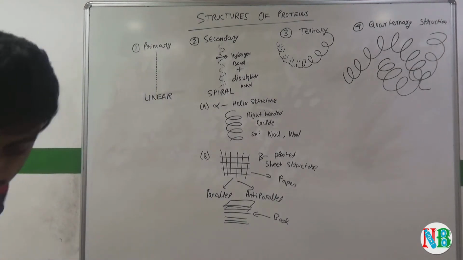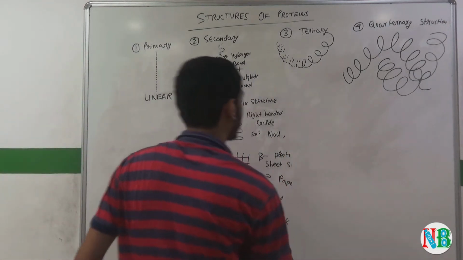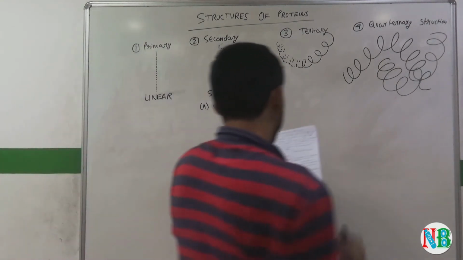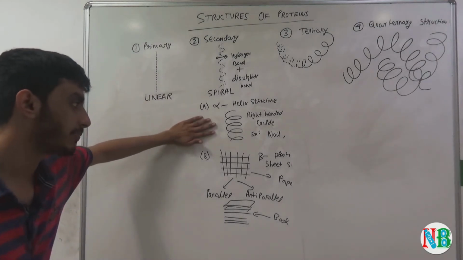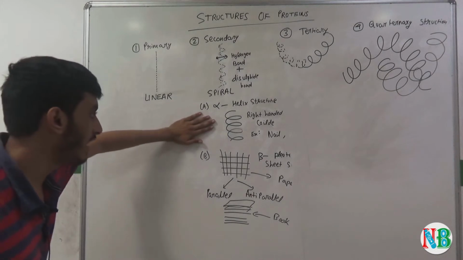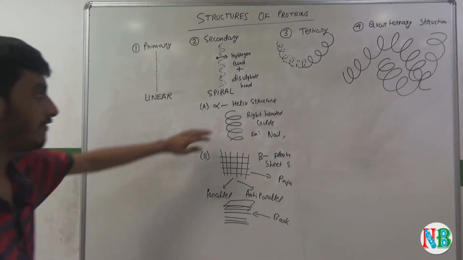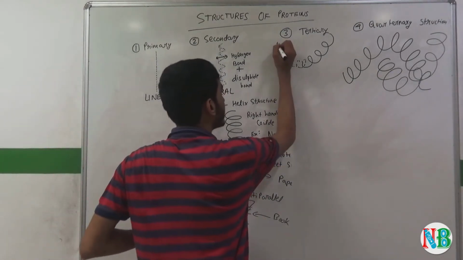Now comes the third type of structure. Over here you formed an alpha helix, over here you form sheets. Now this alpha helix is not all straight. These alpha helices may also have some bends. It might be bent like this.